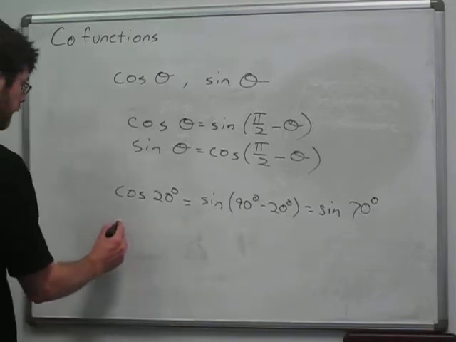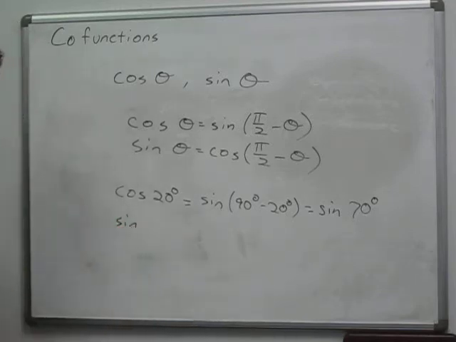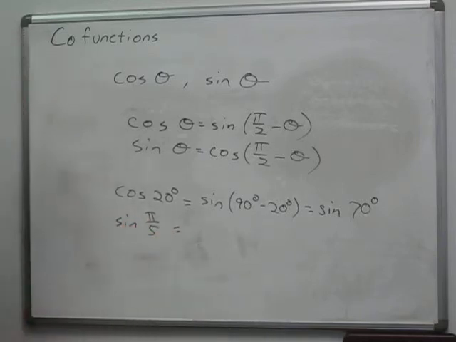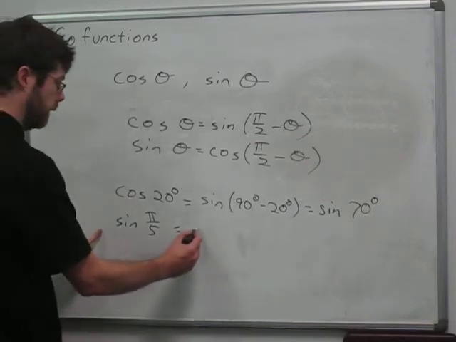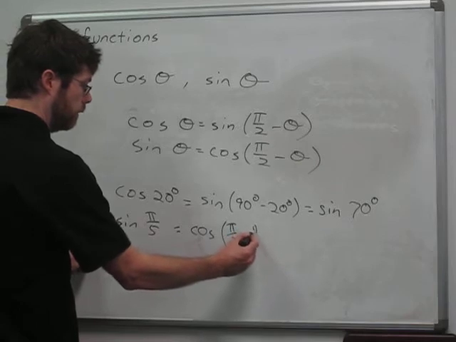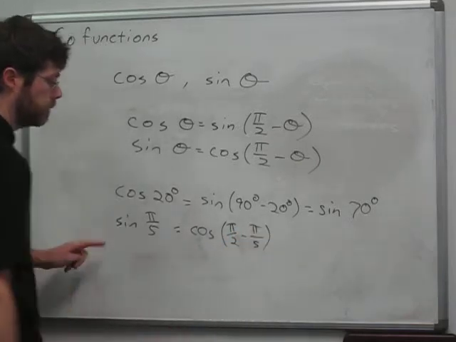What if we wanted to write the sine of pi over 5 in terms of its cofunction? Well, that is going to be the cosine of pi over 2 minus pi over 5.